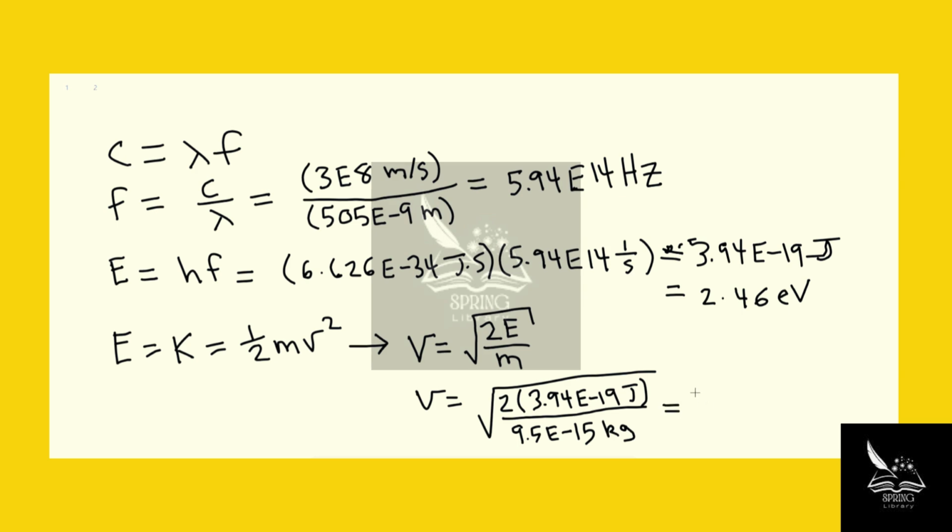Crunching these numbers gives us a result of 9.1 e to the negative 3 meters per second.